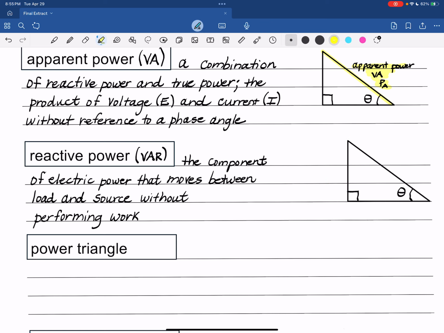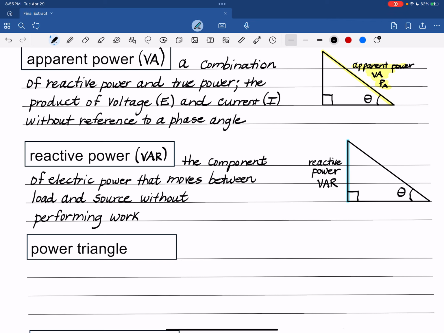So VAR is going to be this leg of the triangle that is opposite theta. And this is called your reactive power. And we are using VAR as our label for that one.